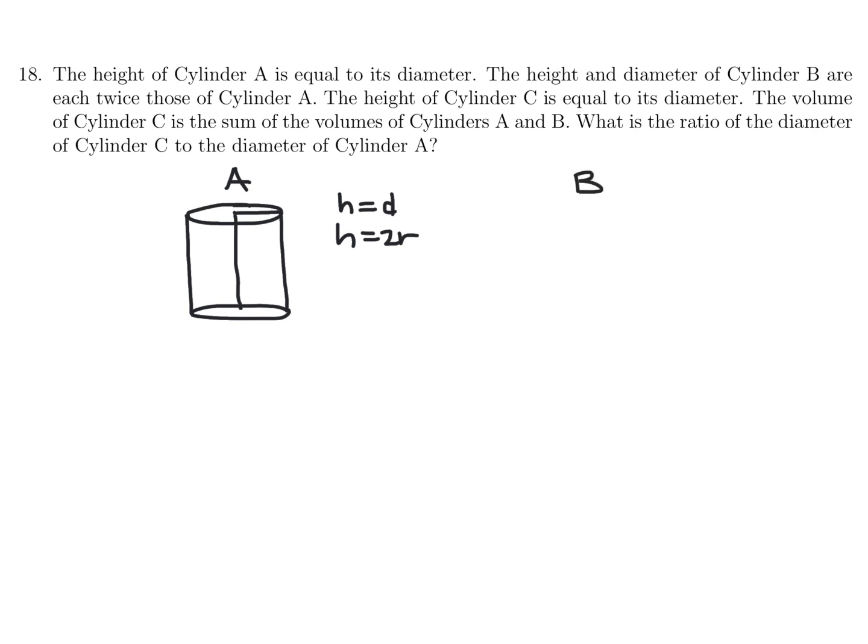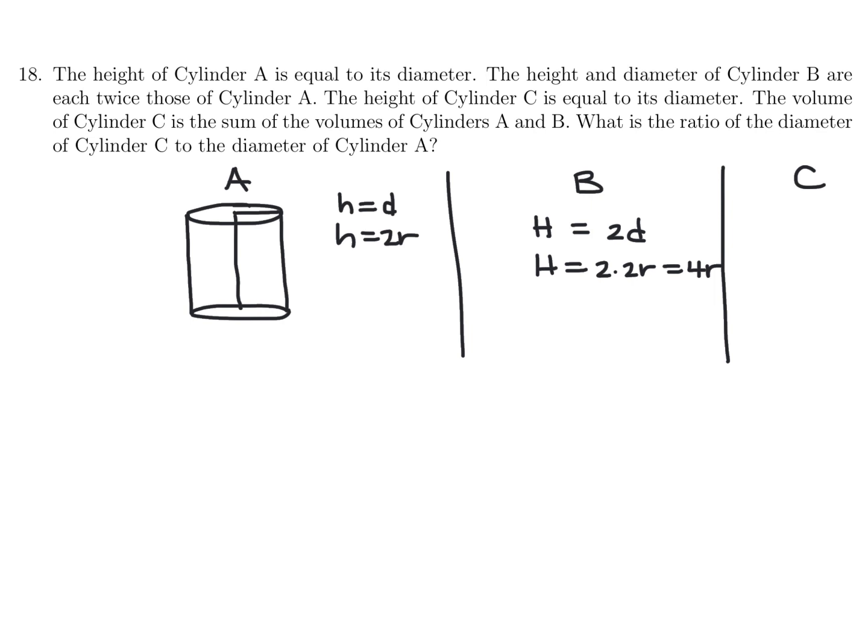Cylinder B is basically twice. So that one I'll call a big H, and let's say it's twice the diameter of cylinder A, and that basically means that it's 2 times 2r, which is 4r. Right. And now we've got cylinder C. And cylinder C, what's the story here?